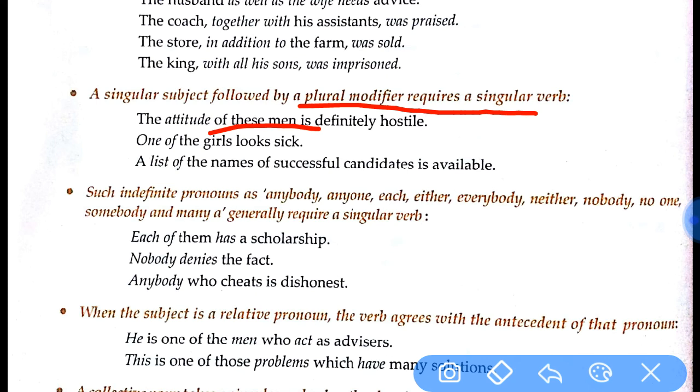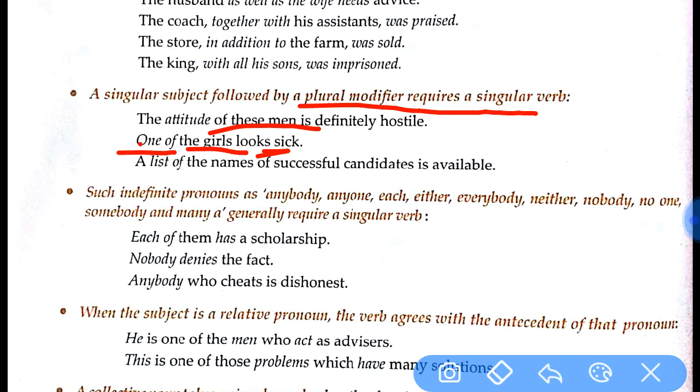So the subject attitude is modified by these men. That is why it's used with a singular verb. One of the girls looks: look at one of the girls is plural, but that is the modifier of one of. So it is a looks verb and it is singular. Let's see the next example.